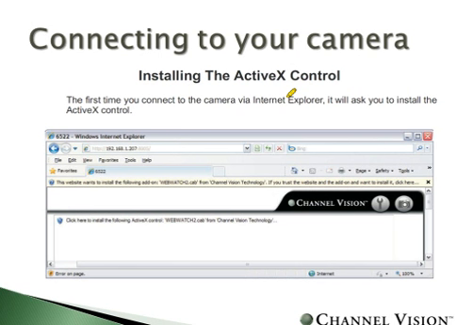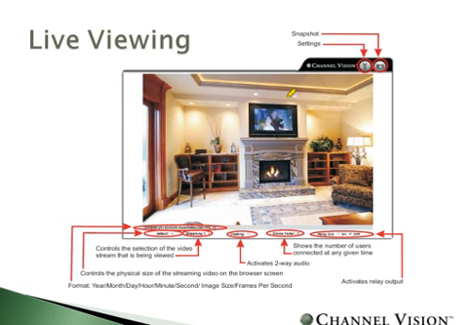Before you got on today's webinar, you may have had to load some viewing software onto your computer. So it's basically the same thing. You're going to get prompted. It's going to be the first time. It's going to say, did you want to install ActiveX? Hit yes, and voila, you're now viewing the camera.